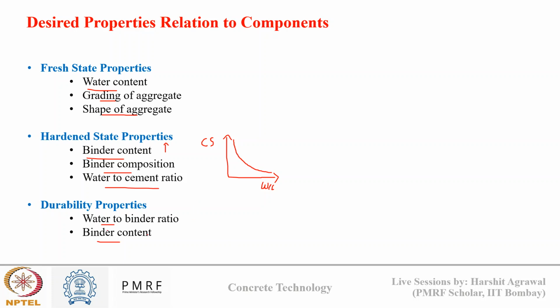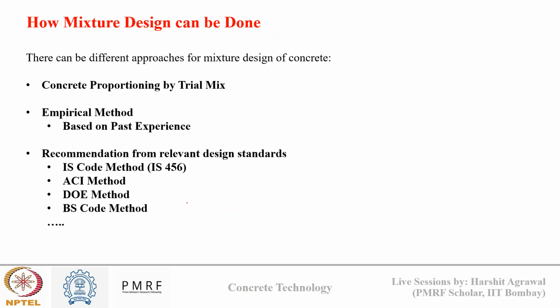Similarly, higher binder content means denser concrete and thus lower permeability, so better durability performance. Okay, so in this way, different components that we add in concrete can affect different properties that we want from concrete.